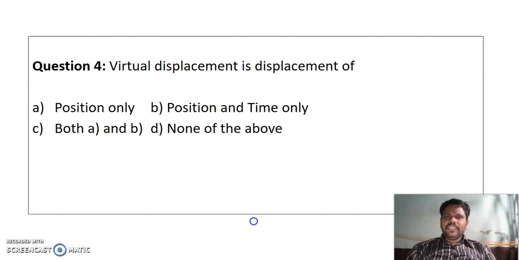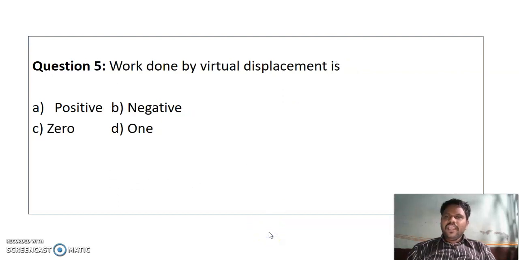Virtual displacement is the displacement of position only. So the answer is A. The work done by the virtual displacement is 0. So the answer is C.